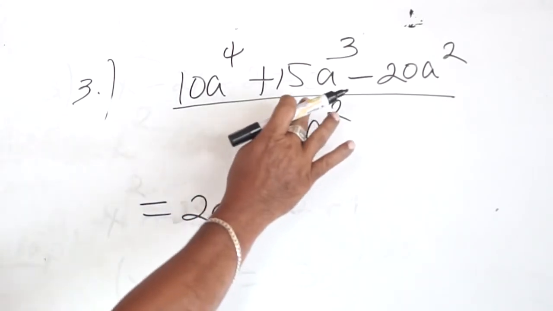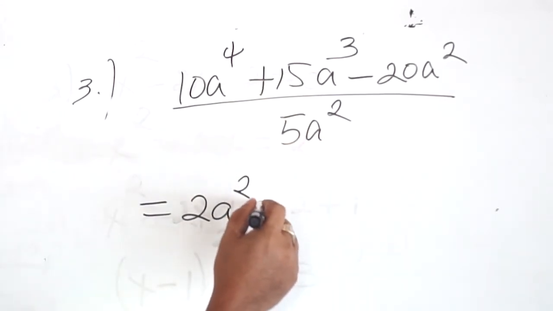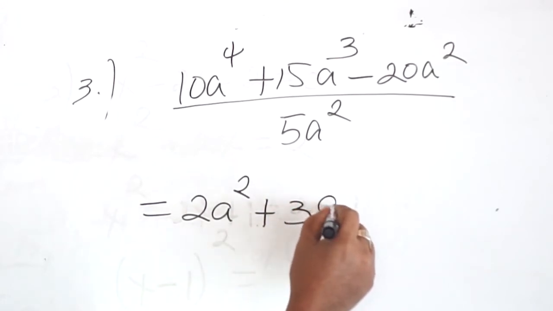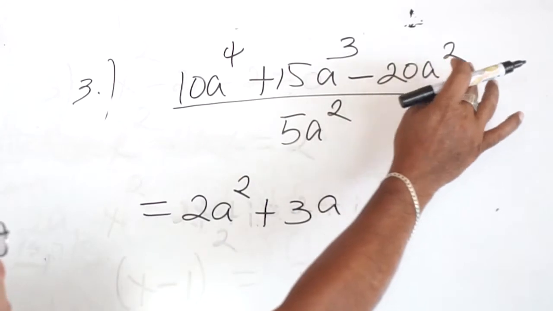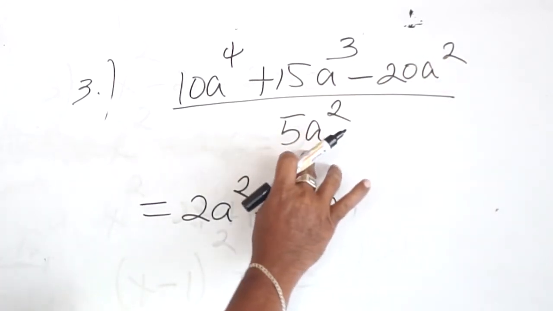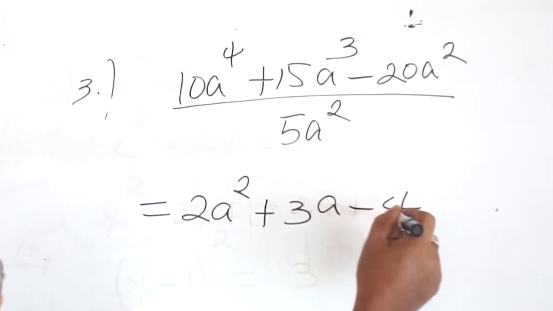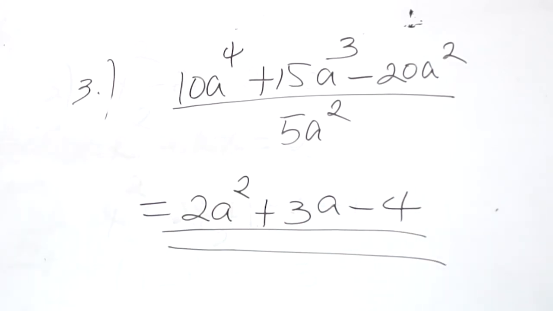Then positive 15a cubed divided by positive 5a squared. So the quotient is positive 3a. Then the last term, negative 20a squared divided by 5a squared. So the quotient is negative 4. So this is now our answer.